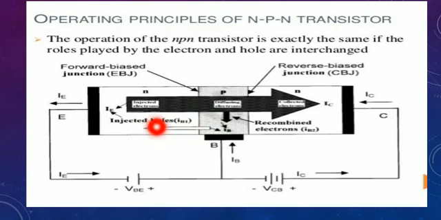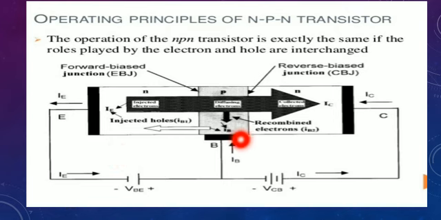Due to the holes injected, we get the emitter current. Due to the electrons injected, the base current is created, and this is the base emitter voltage.